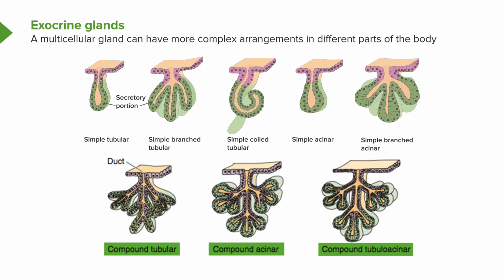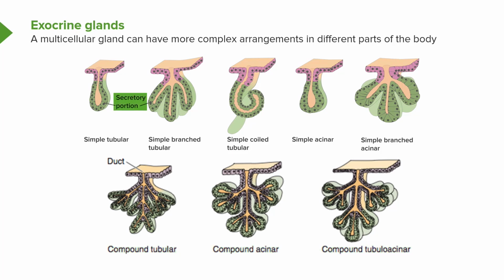Now, the classification can go further if you look at the nature or the shape or the structure of the secretory product. And I'm not going to go through all the names listed here. And I certainly don't want to emphasise these names, or I certainly wouldn't expect you to be able to recall these names, because in reality, when you look at sections through multicellular glands, it's very difficult to appreciate the three-dimensional structure and therefore be able to name the glands like you see listed here.